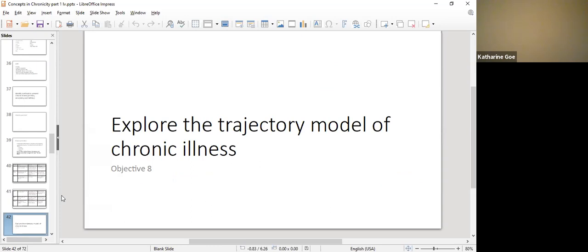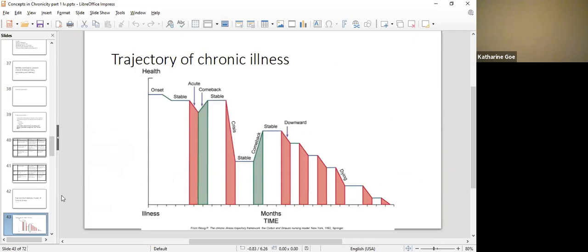So let's look at the trajectory model of chronic illness. This is an interesting area of study. With chronic illness, you don't just have an onset and then a rapidly dropping off set of symptoms because you get cured. You typically have an onset and then a plateau and then some kind of acute episode.